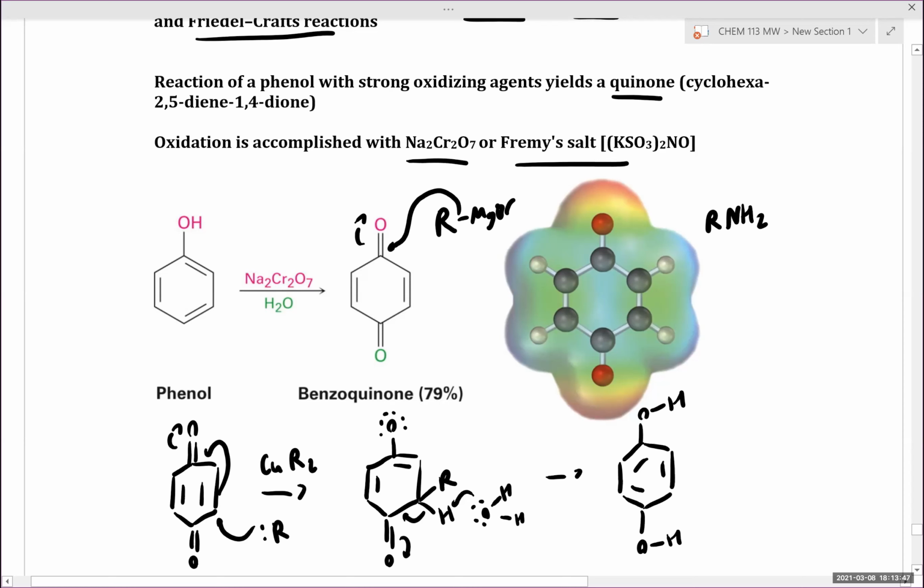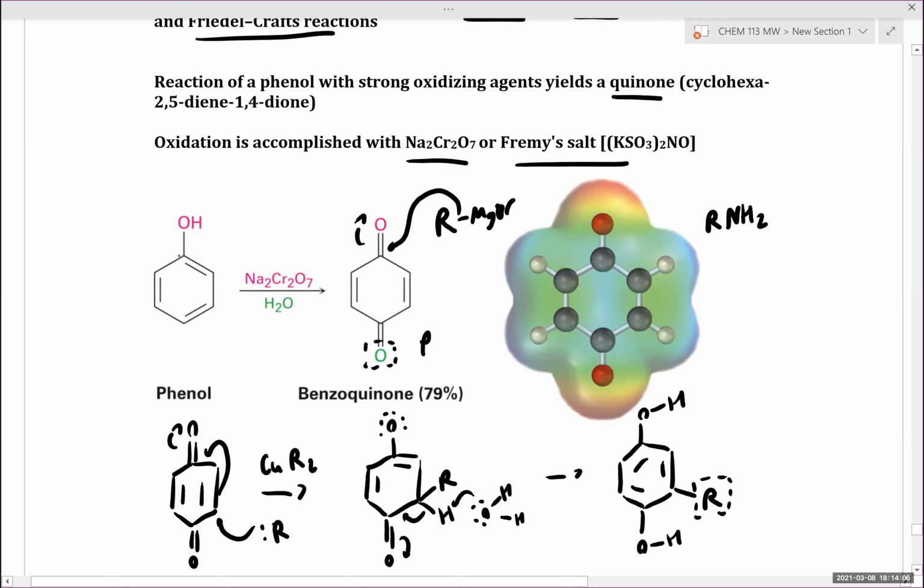So there are two things that this oxidative process is useful for. One, generating substituted phenols, and two, for installing oxygen or alcohol functionalities at the para position relative to a phenol alcohol.